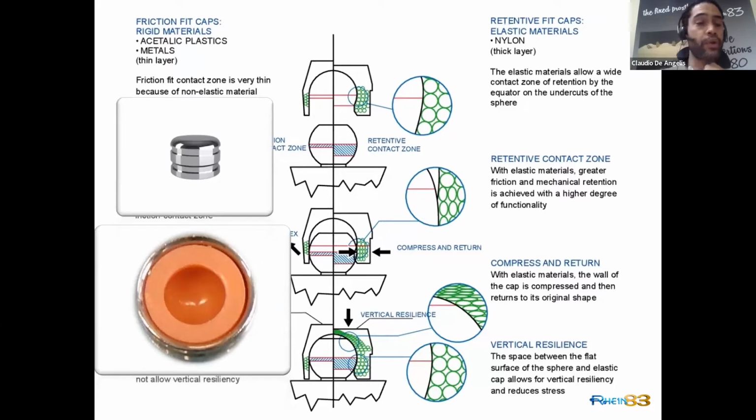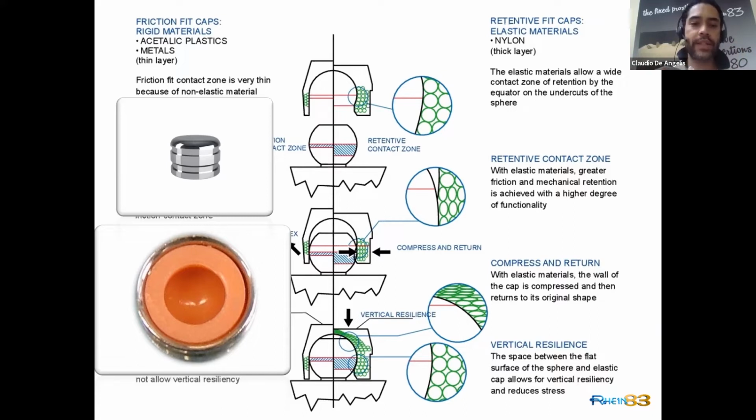Also, to improve this kind of protection, I strongly suggest you use the retentive cap inside a metal housing, because if you pay attention to the interface between the pink cap and the metal housing, you can notice a tolerance. This tolerance allows the cap to open itself while it goes in contact with the sphere.